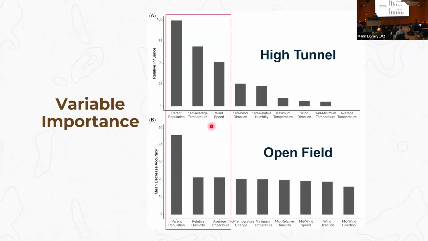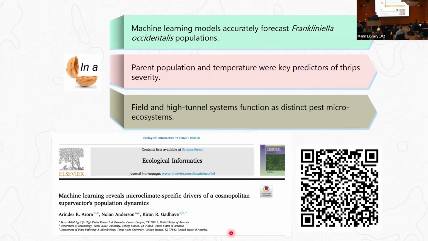The next two parameters in high tunnels were different, though. 14-day average temperature matters most, and then the wind speed, whereas in open field, relative humidity actually matters more, and average temperature after that. So there are two different microclimates and microecosystems happening here, and it's very cool that we are able to look at it all at once.